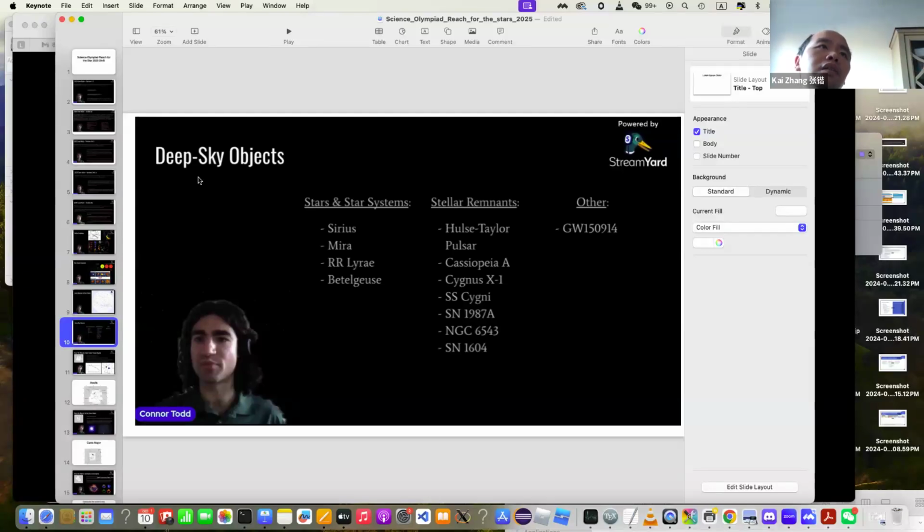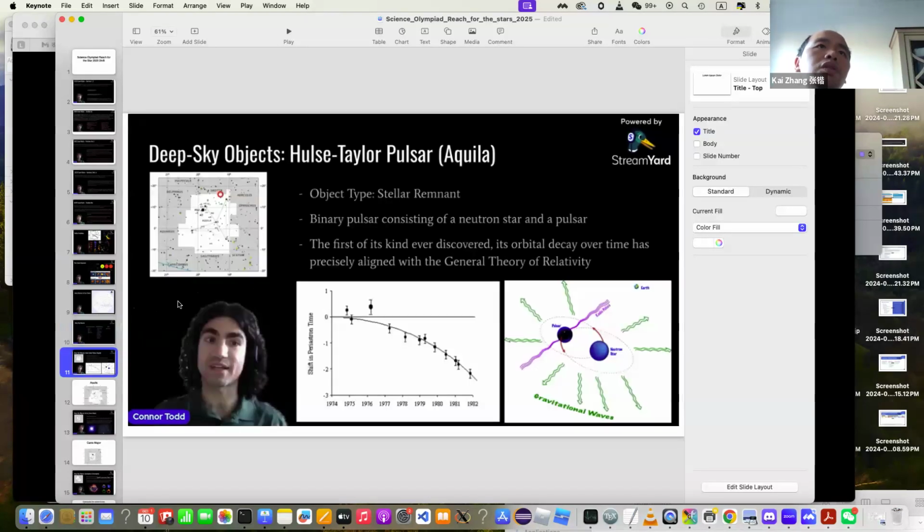And for those deep sky objects, I want you to remember the details of them. I think they have already listed all their features here. So number one, what constellation it is in.